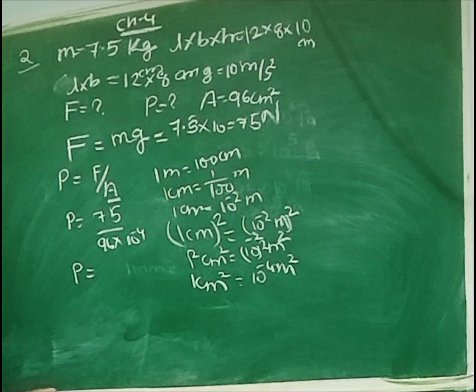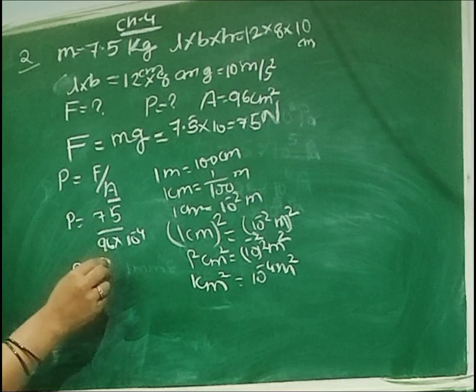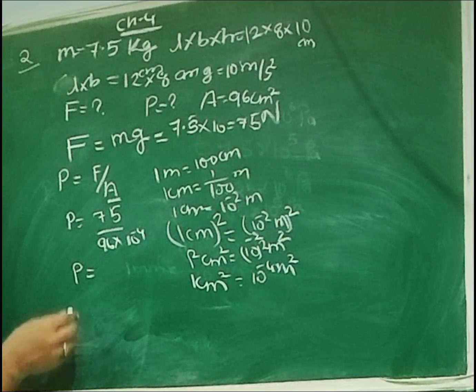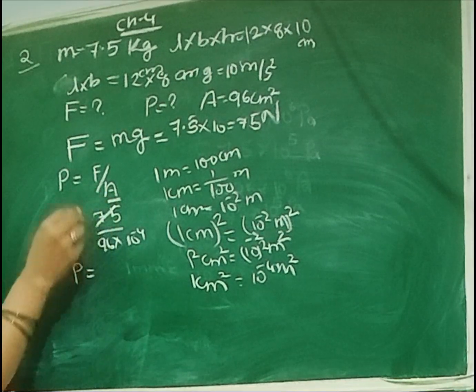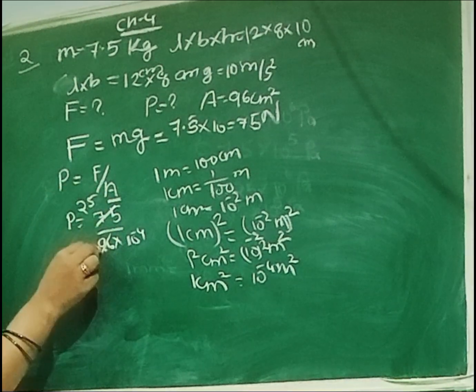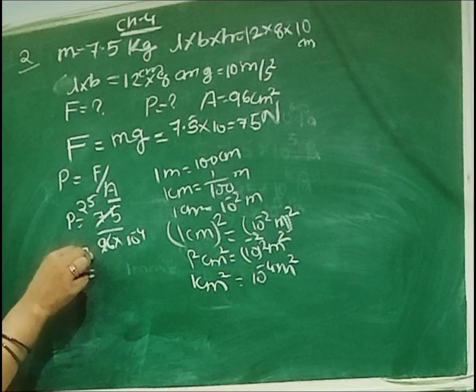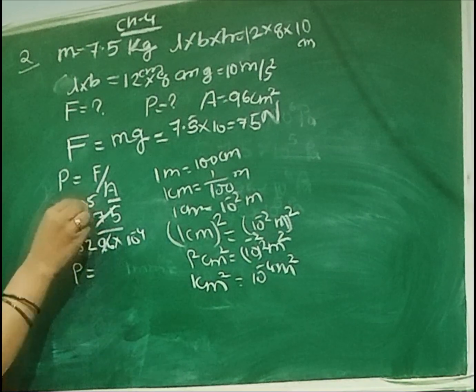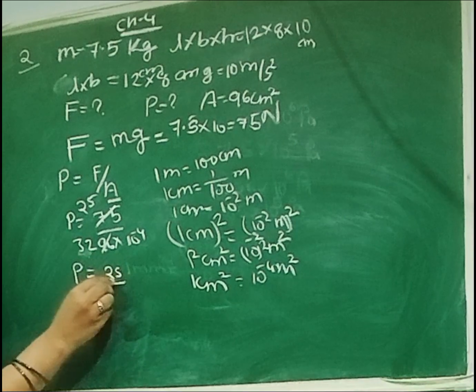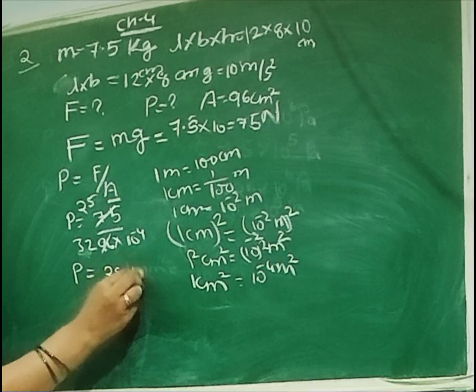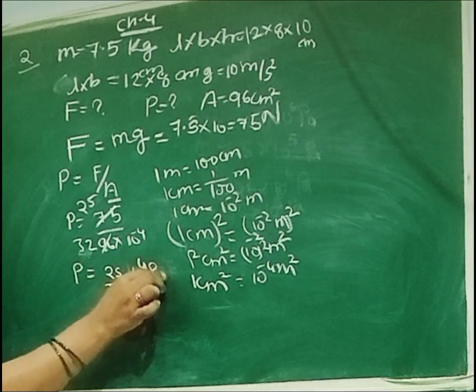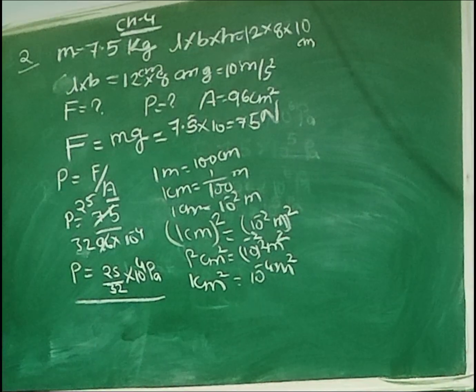So 75 upon 96, by 3 we can simplify. 3 25s are 75 and here 3 32s are 96. So 25 by 32 into 10 to the power 4 Pascal. This is your answer. Okay.